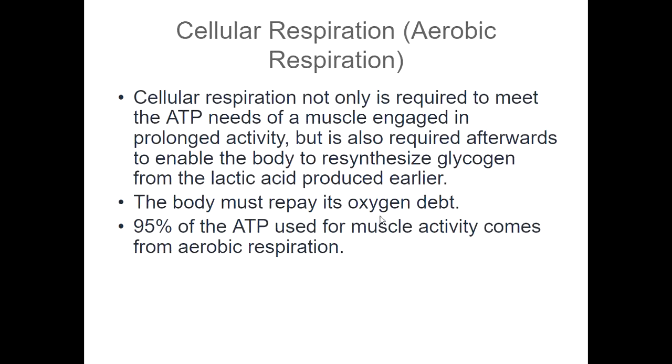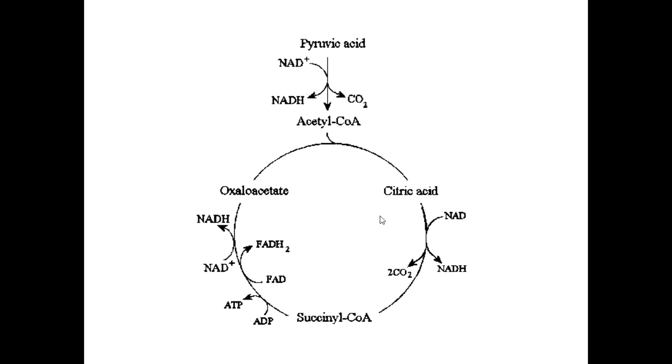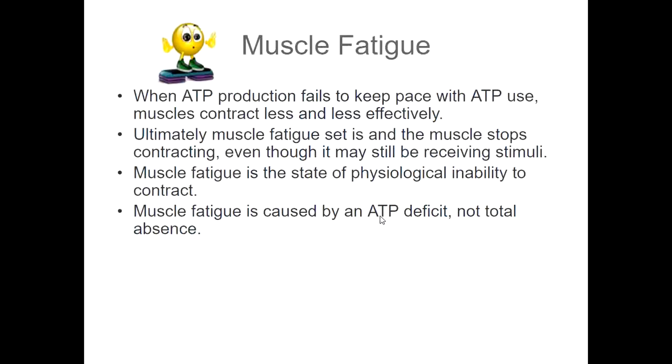Anytime that our body is without oxygen, our body begins to build up that lactic acid. And so we have to use aerobic cellular respiration to pay back that oxygen debt that we created. And then on top of everything, we're still having to make ATP just for our general every second movements that we have. And this is what it kind of looks like if you remember back to Biology 1.